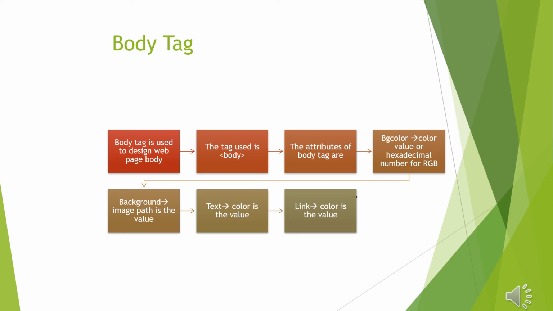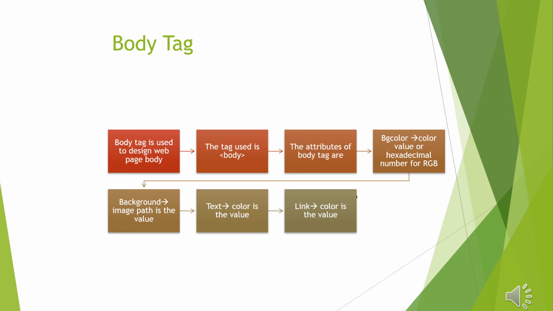Now when I say 00 to FF, 00 means that color is not there, no color, and FF means that value to the maximum percentage. Suppose you write 00FF00, then that color is green. If you write 0000FF, then that color is blue.